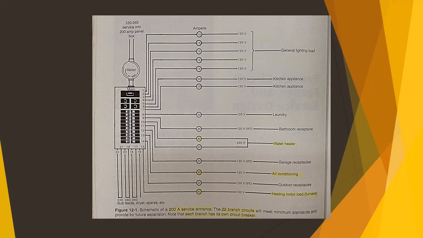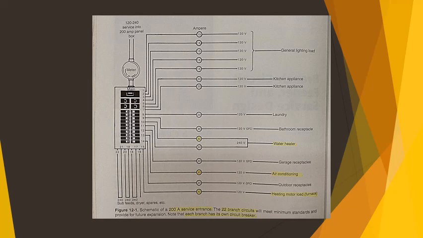Branch circuit design. Just as a tree has many branches growing from its main trunk, a well-designed electrical system has many branch circuits growing from the main service panel. To divide the load, the electricity entering a building is distributed into branch circuits.